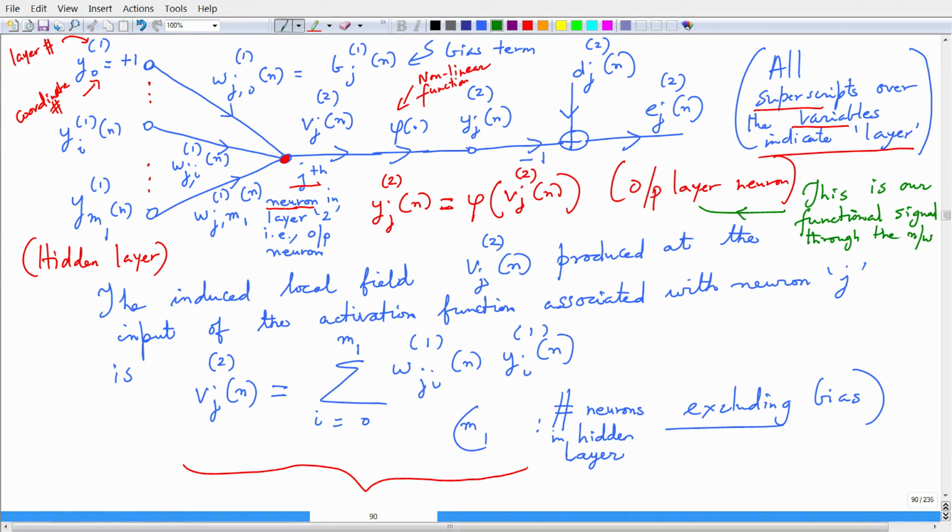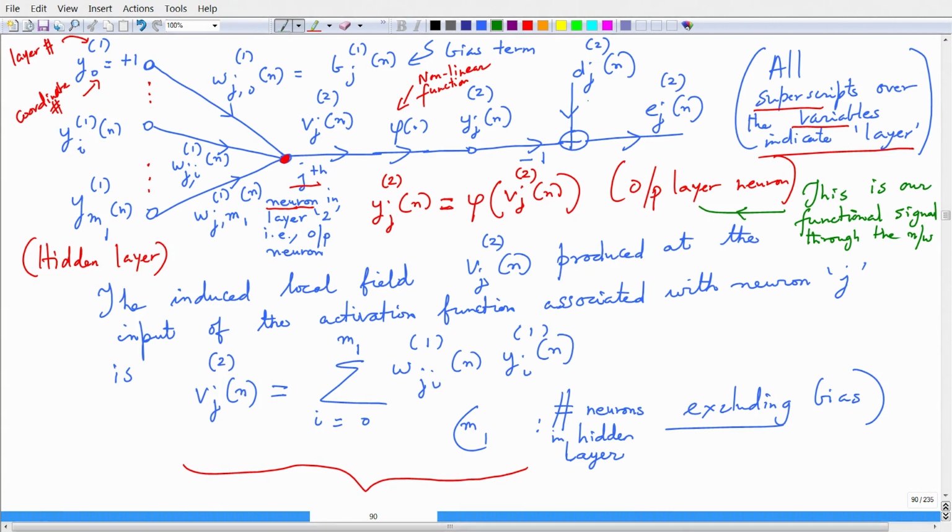But again the careful listener or student will realize that this is just a single hidden layer. If you were to generalize, you can think about cascading all these functional signals through the various layers, but for the purposes of illustration and ease of understanding, we are sticking to one hidden layer. Now, once we compute the functional signal, I am just focusing on node j, indicated by yj.